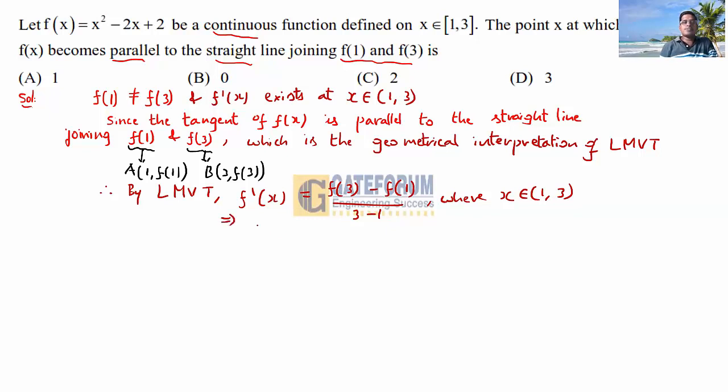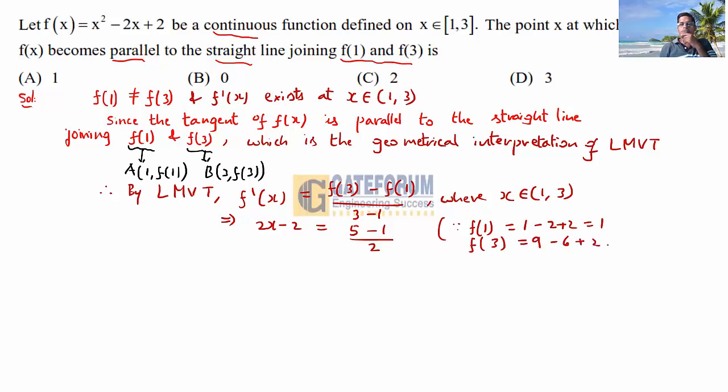So what is f'(x)? 2x − 2, ordinary derivative with respect to x. f(3): put x = 3, 9 − 6 + 2 = 5. f(1) = 1 − 2 + 2 = 1, divided by 2. So 5 − 1 = 4, 4 by 2 is 2.